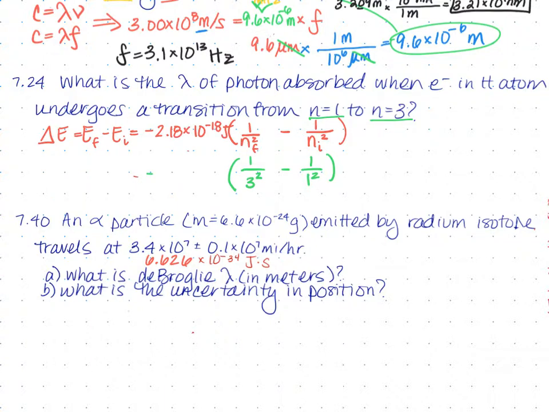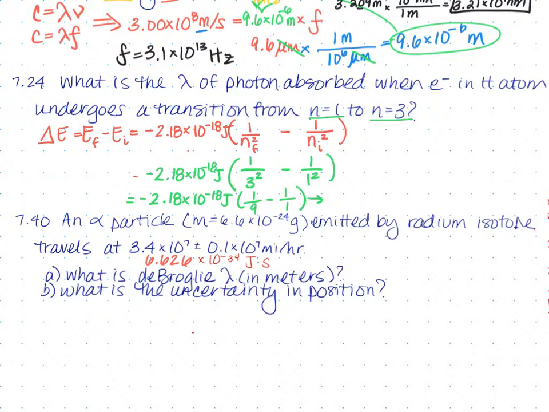I'm going to apply negative 2.18 times 10 to the negative 18 joules. This gives me negative 2.18 times 10 to the negative 18 joules times 1 over 9 minus 1 over 1, which is just 1.